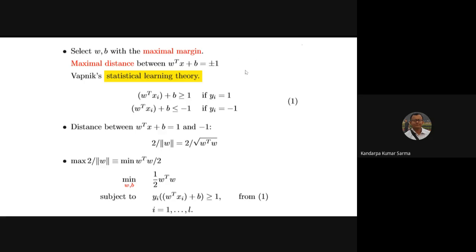So this is the first postulate of Vapnik's statistical learning theory, and the distance between w transpose x plus b equal to 1 and minus 1 is given by 2 by the norm of w, that is the transpose of the weight multiplied by the weight.